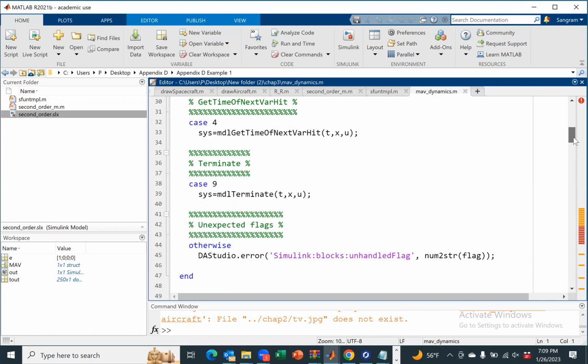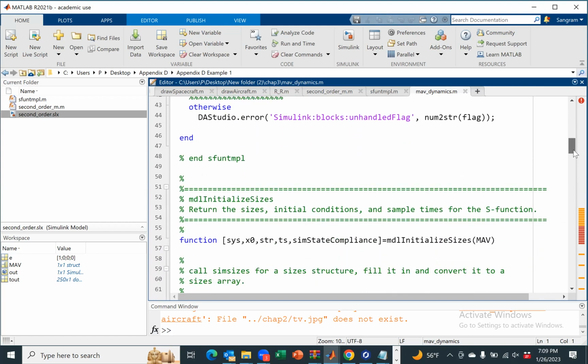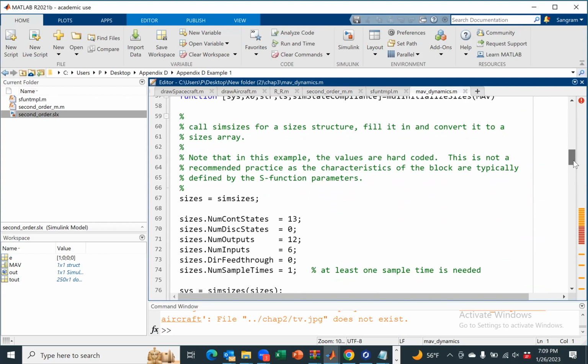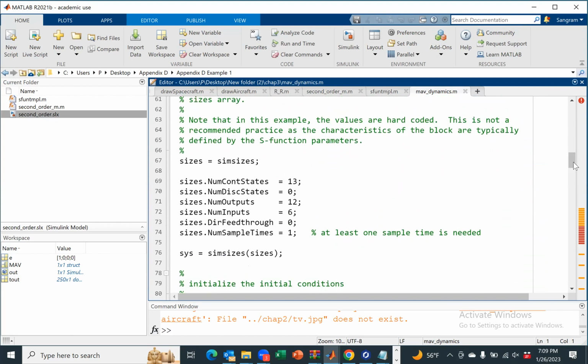You don't have to change anything here. The thing that you need to change is, please understand that the MAV file has 13 parameters corresponding to the J values. Your states are 12, so it's outputting 12 states. You are applying 3 forces and 3 moments. So can you see the inputs are 6 and sample time is 1.